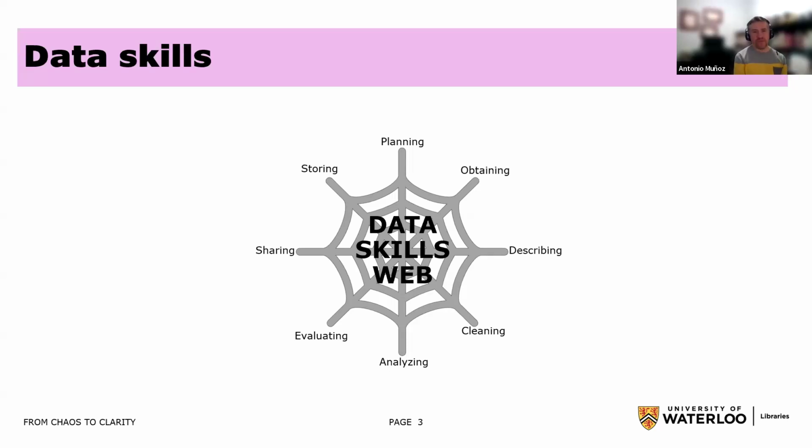So rather than put this into a linear cycle, we chose the web imagery again to highlight the interconnectedness. And in today's session, we're going to talk about each of these different components.